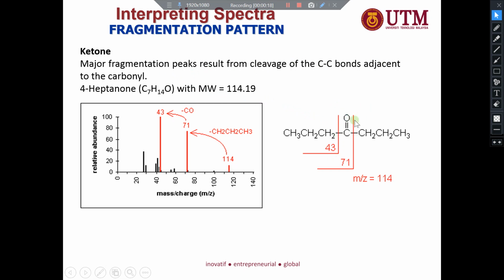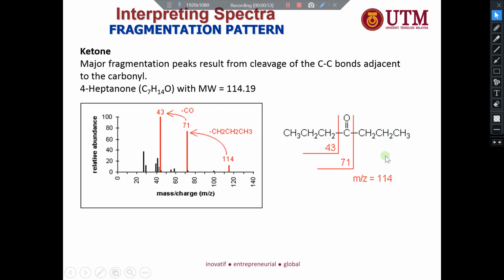For a symmetrical ketone it is the same either way, so the cutting can be on either side, and you can get the information from either fragment. But the most abundant one is the alkyl group only. The C=O fragment is not the most abundant. The most abundant one is the alkyl group.